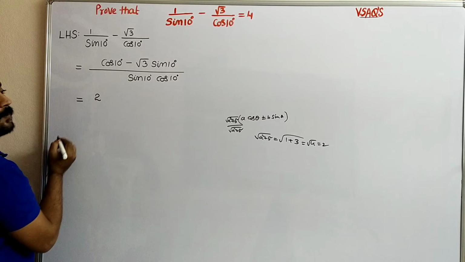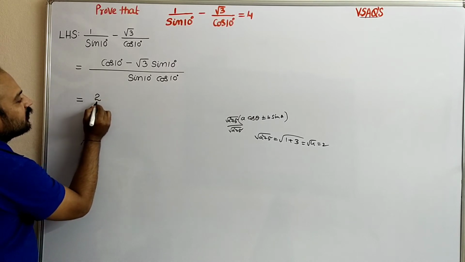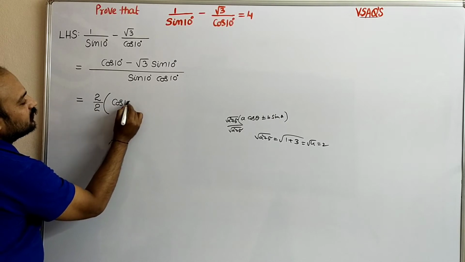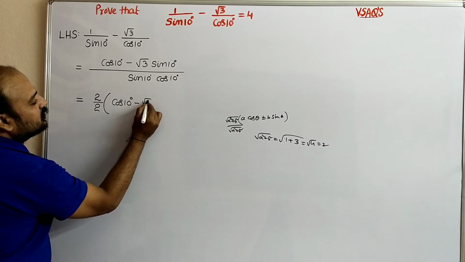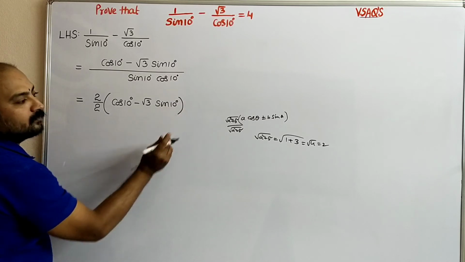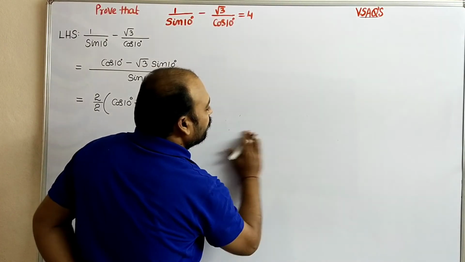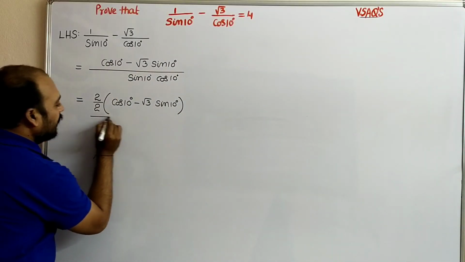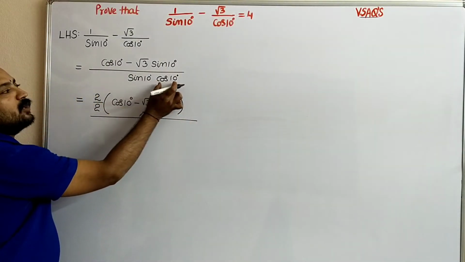So here multiplying by 2 and dividing by 2, cos 10 minus root 3 into sine 10, divided by sine 10 into cos 10.